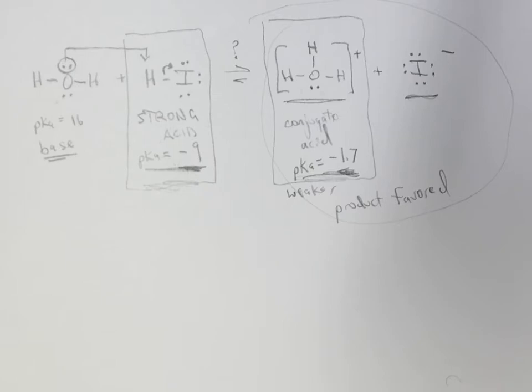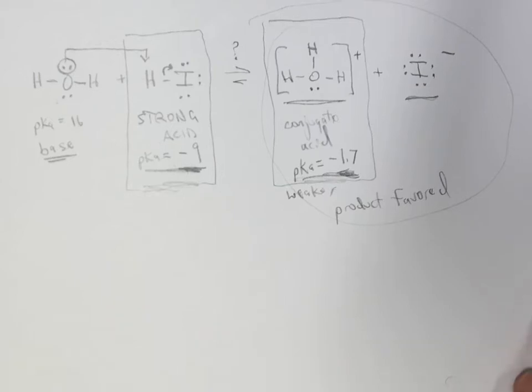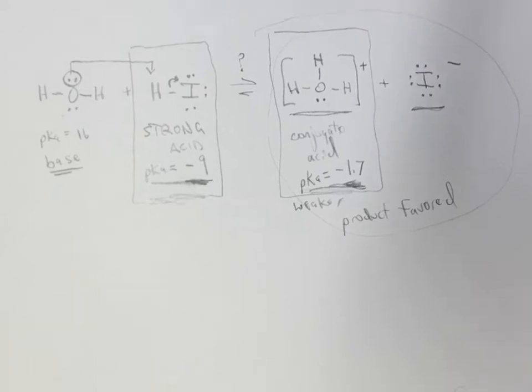If I had drawn some potential products and found out the product is more acidic than the reactant, then nothing would happen, and we'd say it's reactant favored. So that's an example that's fairly typical in organic chemistry. Even though this is a very inorganic example, we'll do an organic one a little later.